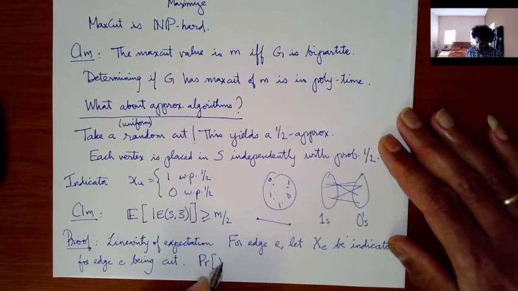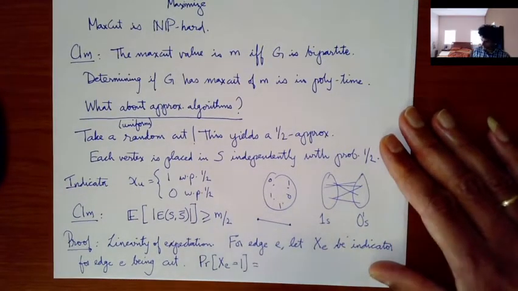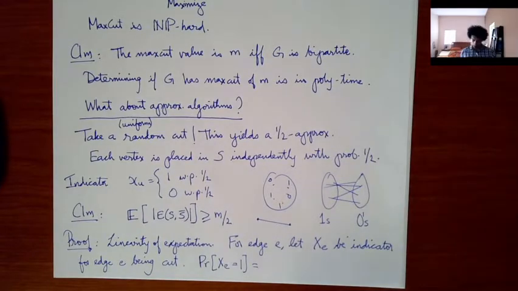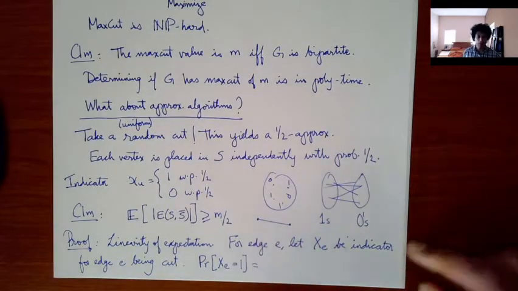What is the probability that this edge is cut by the random cut? Any guesses? What is the probability that a specific edge is cut?